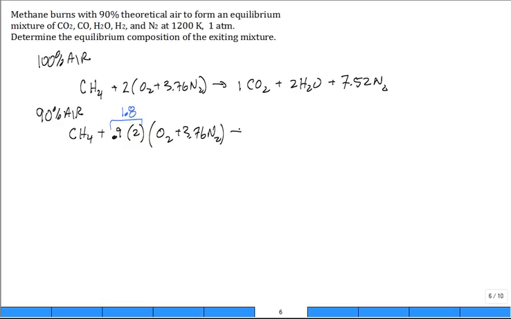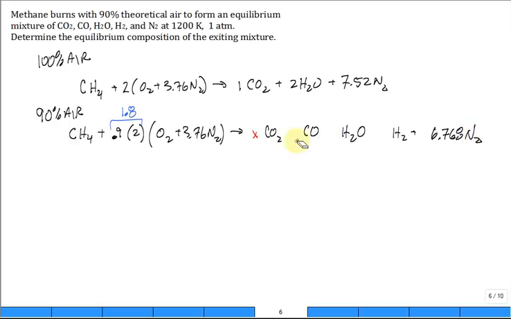Then it goes to, we don't know how much CO2, we don't know how many moles of CO, we don't know how many moles of H2O, we don't know how many moles of H2, but we do know that it's going to have 6.768 moles of N2.